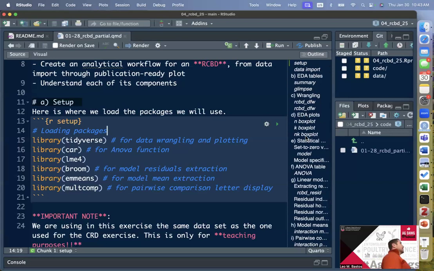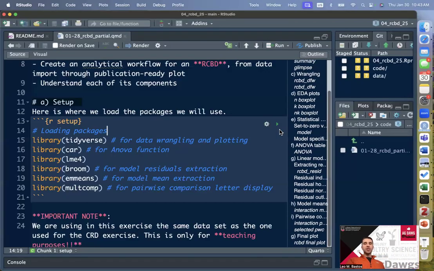I do some modeling. In our case, it's going to be an experimental design type of analysis. It could be machine learning. So even if you change the type of analysis you're doing, this workflow is still consistent. You're going to run some type of model. You're going to check your model assumptions or the validity of your model. This is so important, and I don't think everyone fully appreciates the need for that.